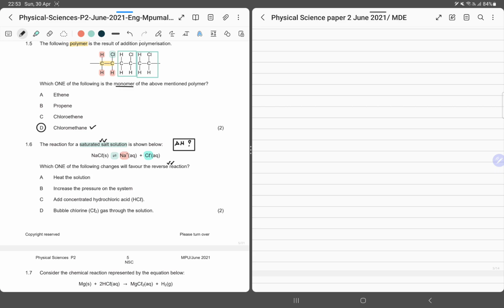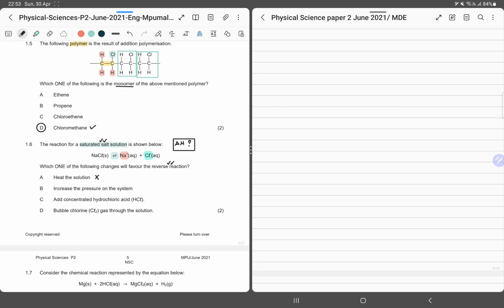Heat the solution. If you heat the solution, remember it decomposes this. So actually, the forward reaction is endothermic. Yeah, think about it. Once you add heat here, you're going to separate those two atoms in the sodium chloride. So technically, to go forward, you need heat, or at least heat will do it, okay?